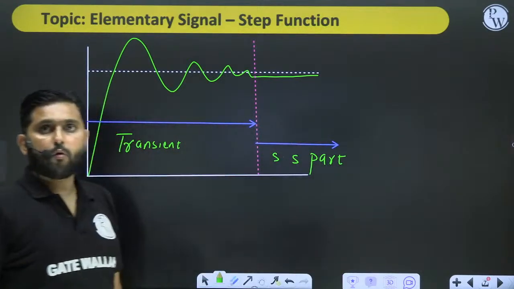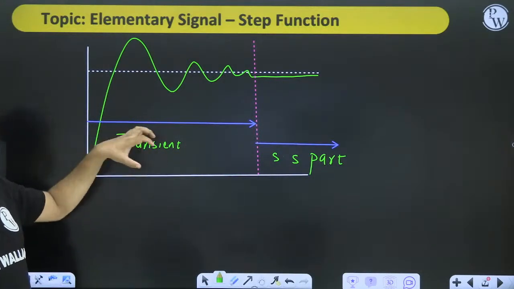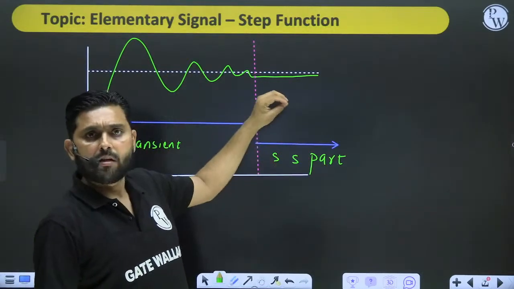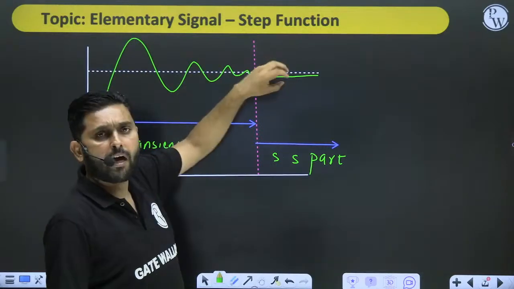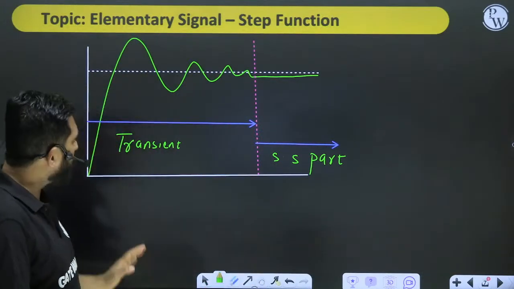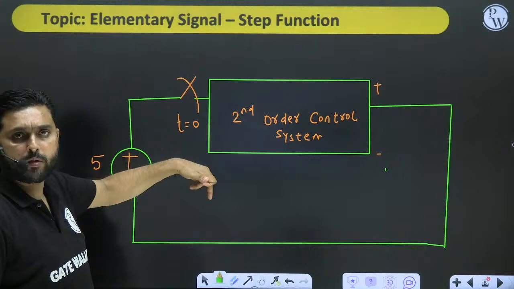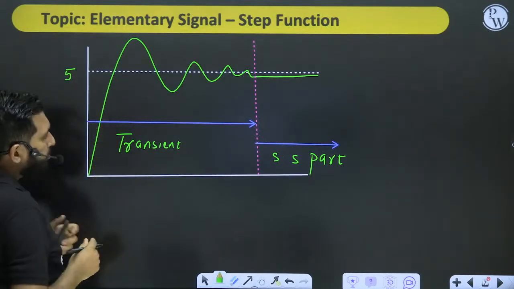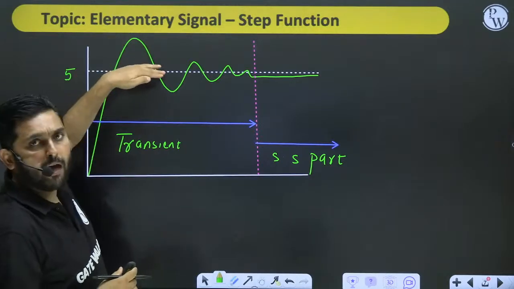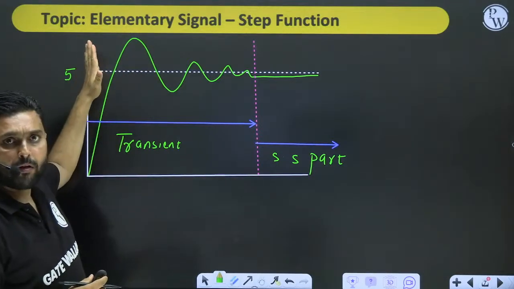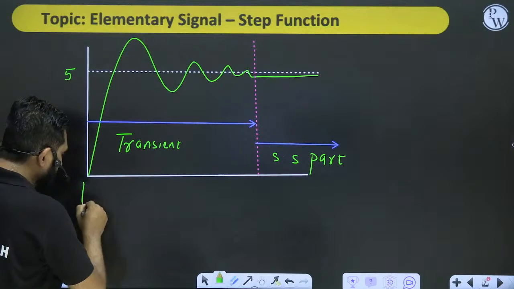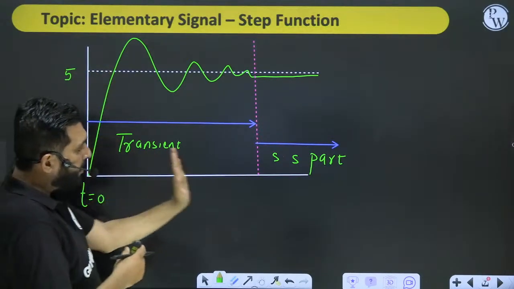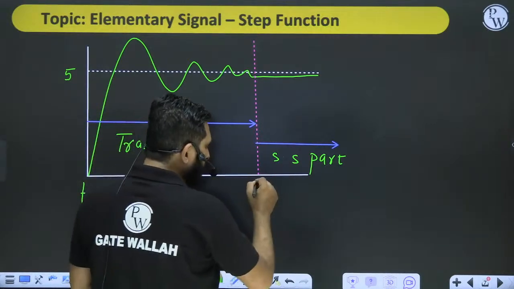So when a second order control system is subjected to a uniform voltage source applied at t equal to 0, when you close the switch, the value, let's imagine it to be 5 volt, will not suddenly be equal to 5 volt. It will take some time, and we call this time the settling time.